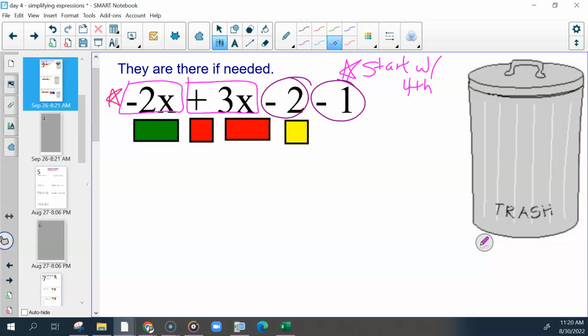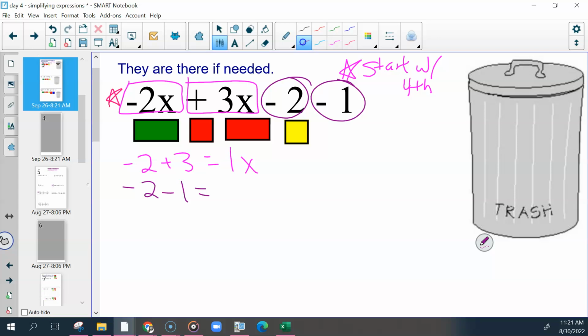And when we do this, the variable terms, we're really just taking the numbers in front, seeing what that would be, and then at the end, put x at the end. So negative 2 plus 3 would give us what? 1. And then I would add x to the end. Negative 2 minus 1 would give us what?